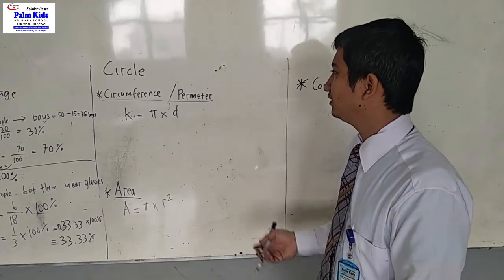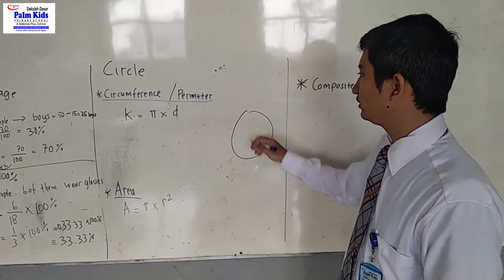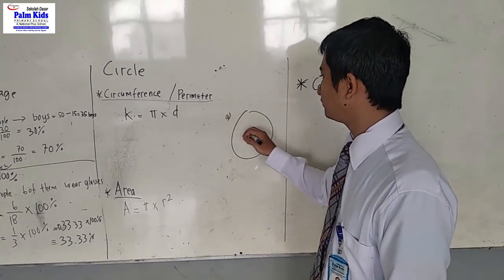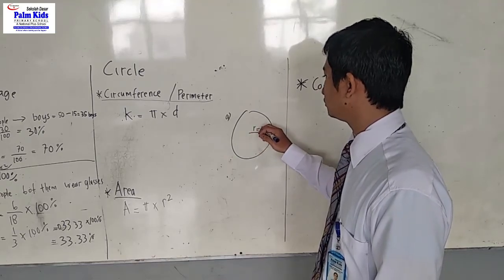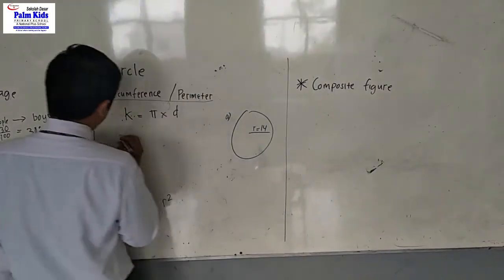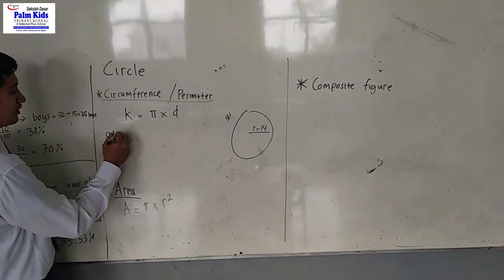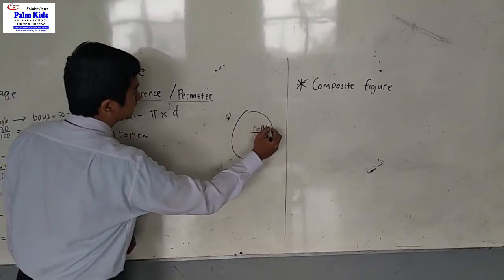Now, let's find the circumference of this one first, where the radius is equal to 14. So you just need to write r equals 14 centimeters.